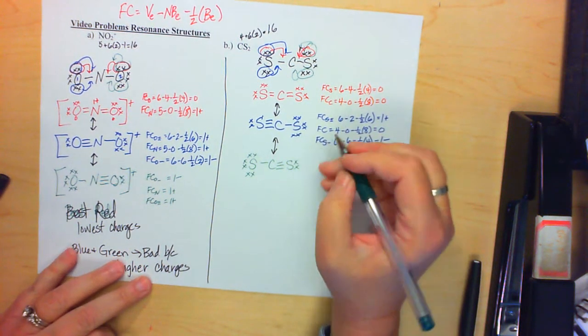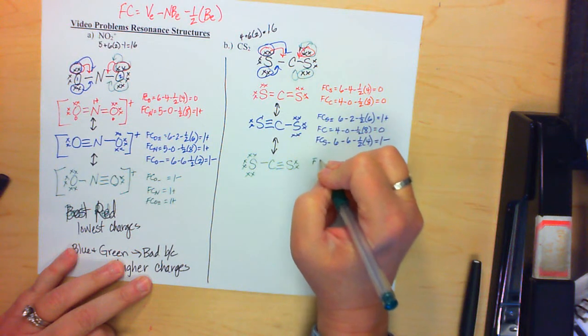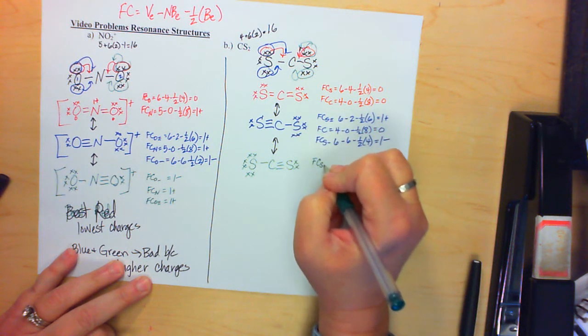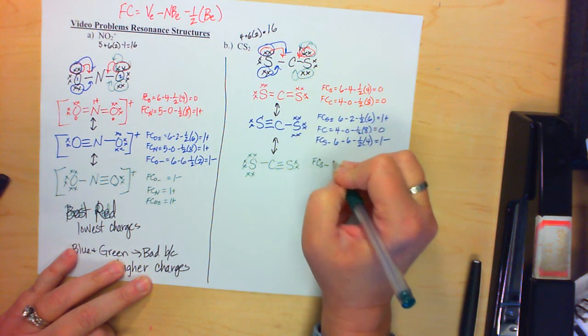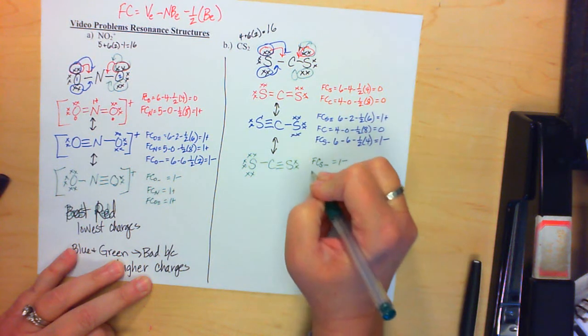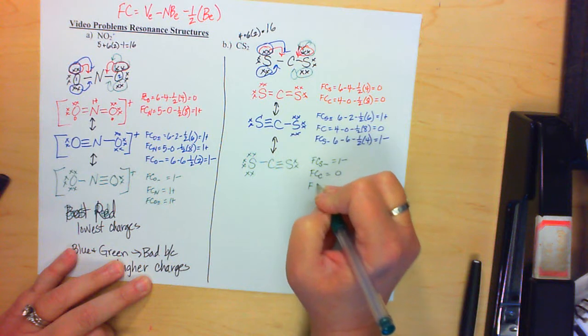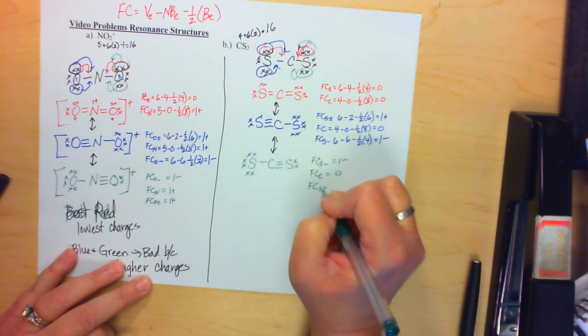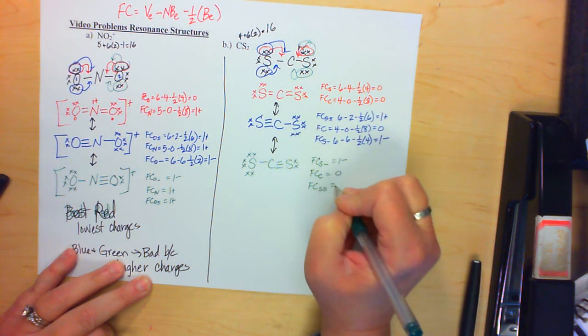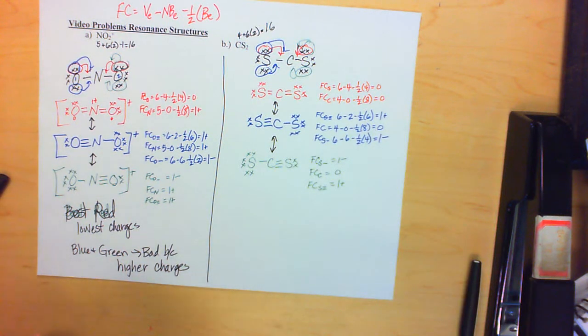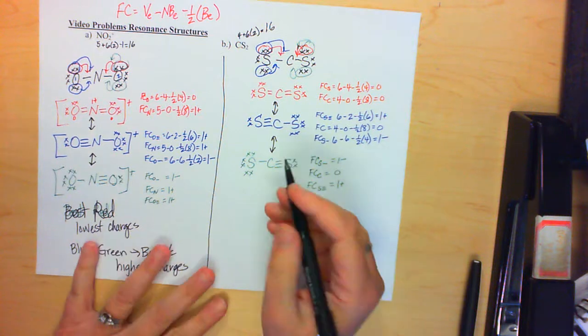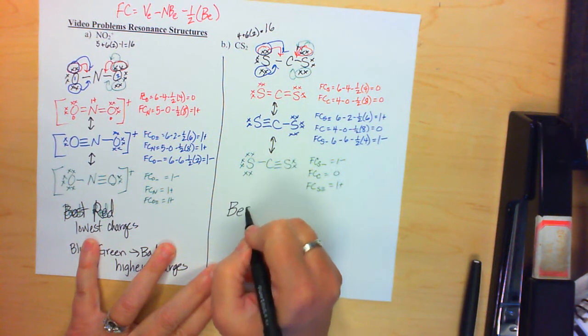But down here, where they operate the same, formal charge of sulfur single, we've already calculated, will be 1 minus. Formal charge of carbon is going to be 0. Formal charge of sulfur triple bond is going to be equal to 1 plus. So again, they're going to total to give you 0. However, who's the best structure?